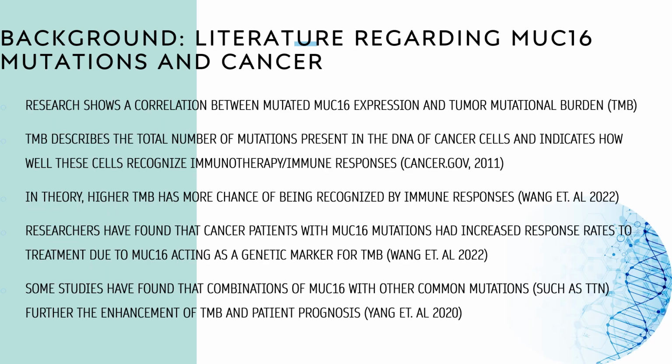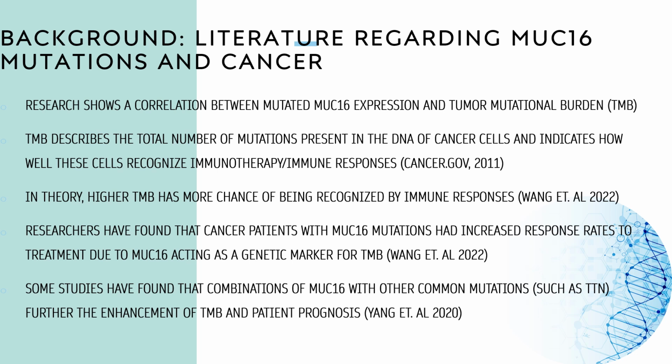So now that we've looked at the study from the cBioPortal, it's important to look at some of the background literature regarding the MUC16 mutation and cancer. One of the most prominent things I was able to discover during my research is that there is a correlation between mutated MUC16 expression and this concept known as the tumor mutational burden, shortened to TMB.